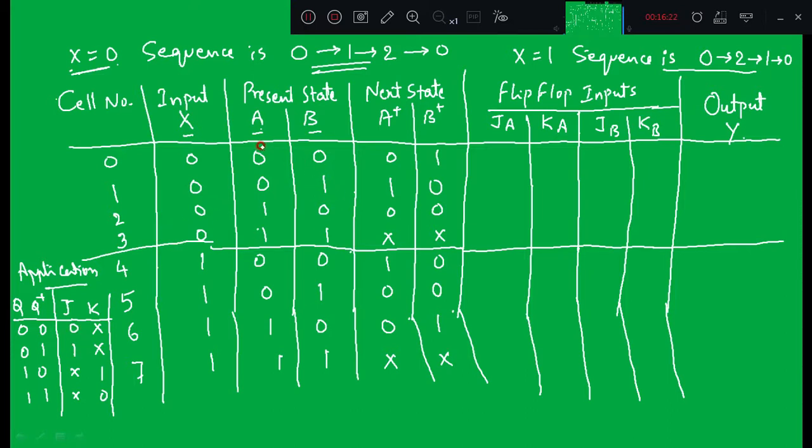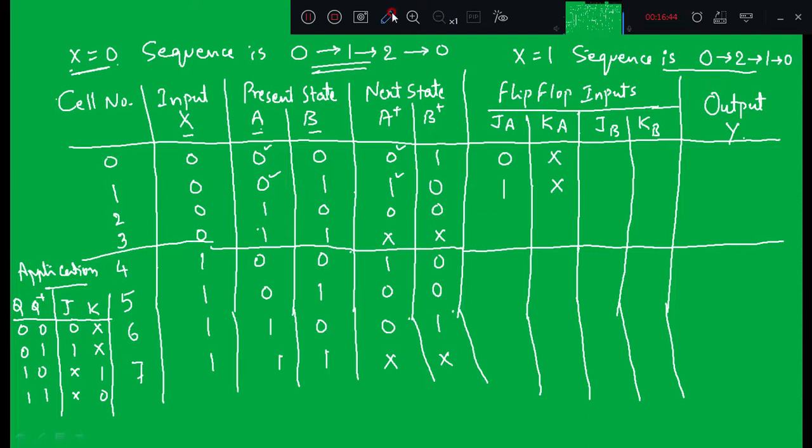Again we will mark those columns, right? So A plus is going to act as input for JA and KA. For 0 0, J is 0, K is don't care. Next, for 0 1 it is J is 1, K is don't care.